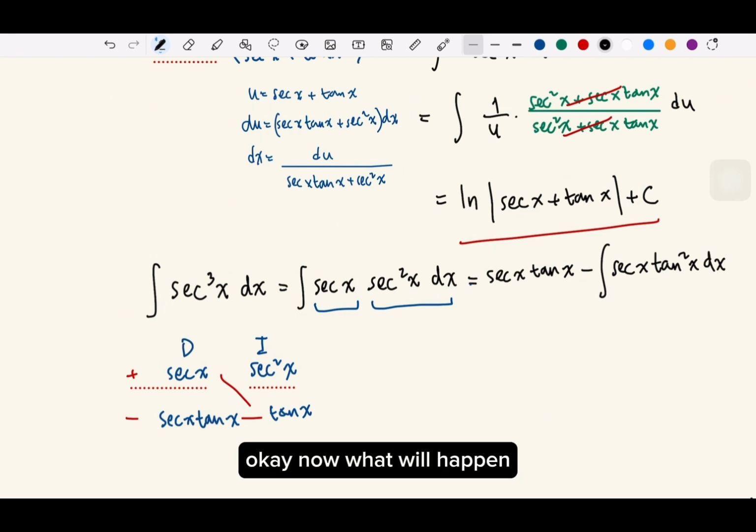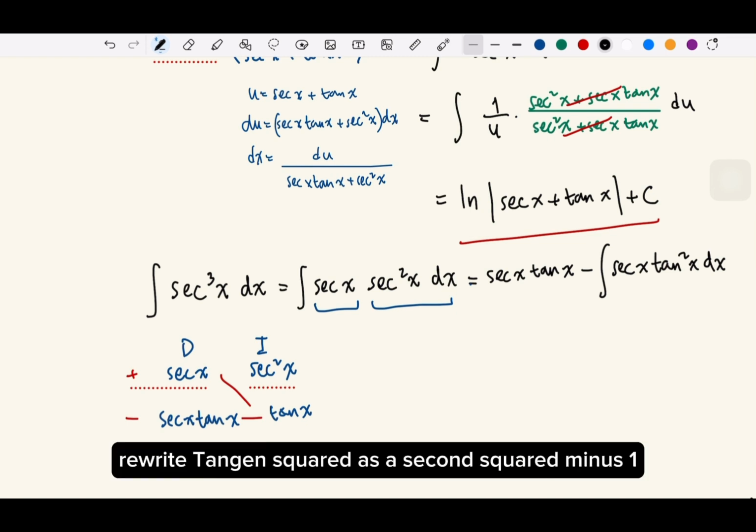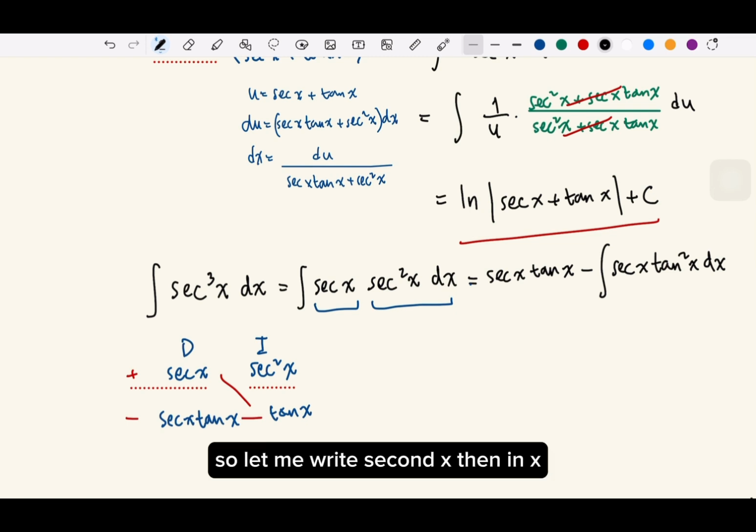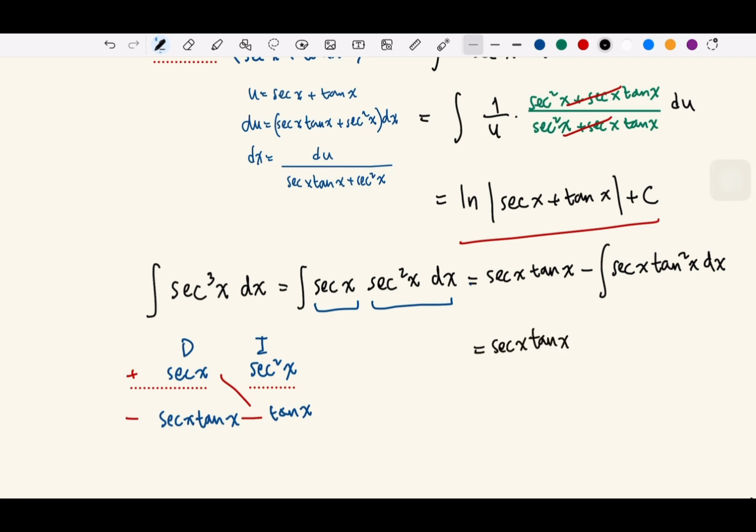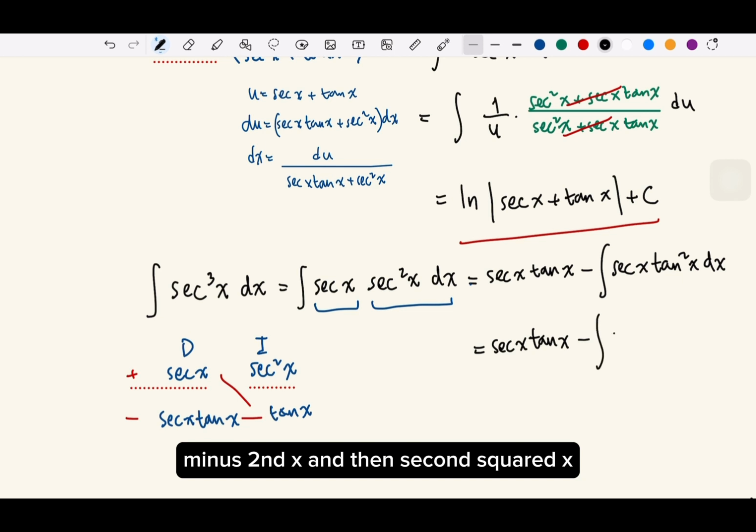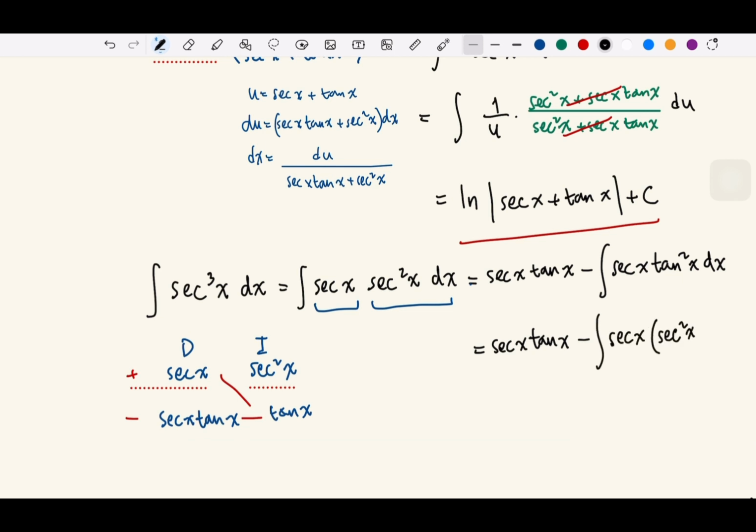Okay, now what will happen? The tangent squared, I can rewrite as secant squared minus 1. So let me write secant x tangent x minus the integral of secant x times secant squared x minus 1 dx.